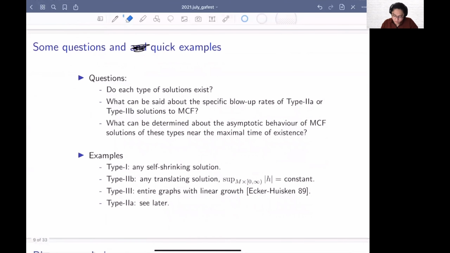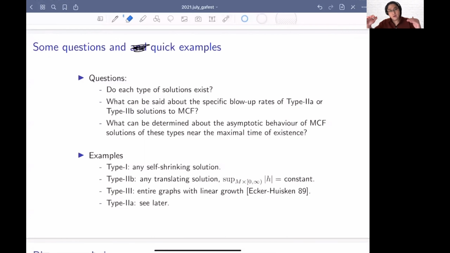And to give some simple, maybe quick, examples for these questions, we have the following. For type 1, any self-shrinking solution is in fact a type 1 solution. And we also see that any translating solution will be an example of a type 2B solution.